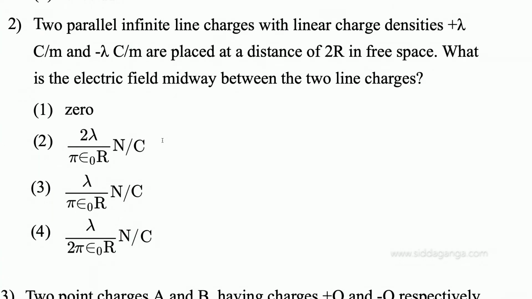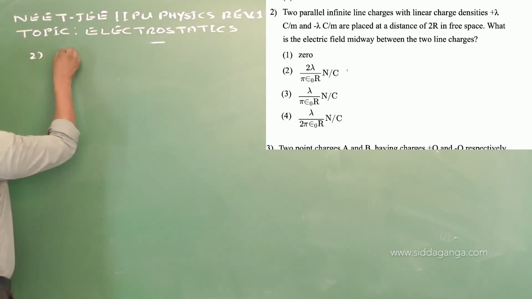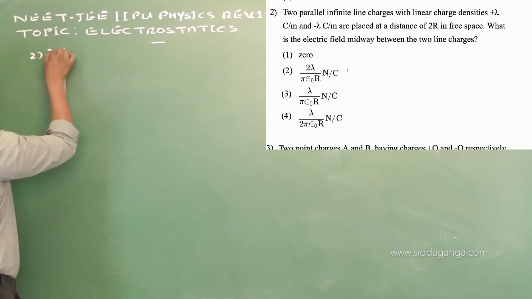Now, two parallel infinite line charges with linear charge densities plus lambda coulomb per meter and minus lambda coulomb per meter are placed at a distance of 2r in free space. What is the electric field midway between the two line charges? Here we have two infinite line distributions of charge.